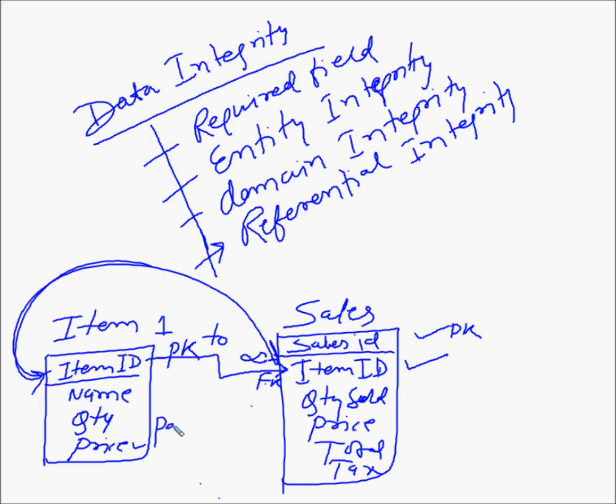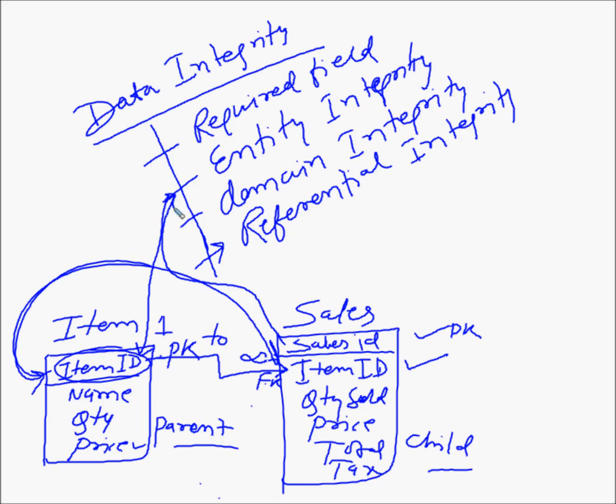So I can say this table is the parent table, and this table I can say is the child table. Okay. Parent and child relationship is here. What we are doing, we are making item ID a primary key. So at this level, we are applying entity integrity. Okay. We are making sales ID a primary key. So we are applying entity integrity here.